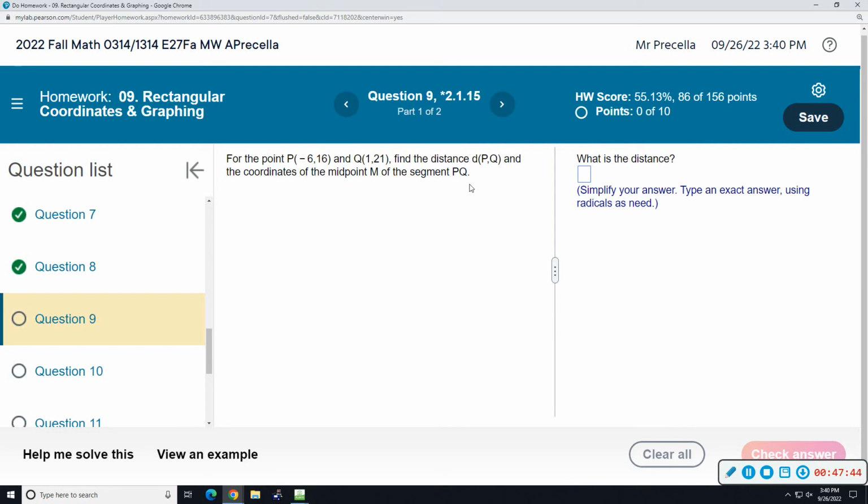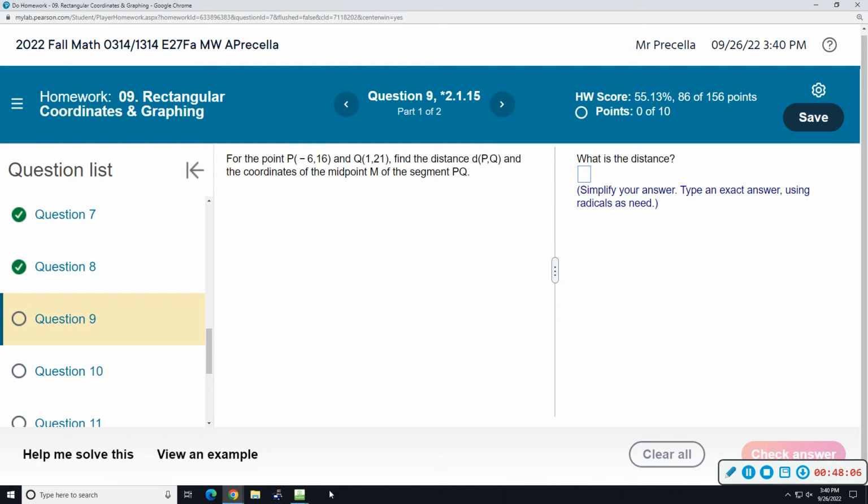Let me write down these ordered pairs. This is number 9. We have the ordered pairs -6, 16, and 1, 21.